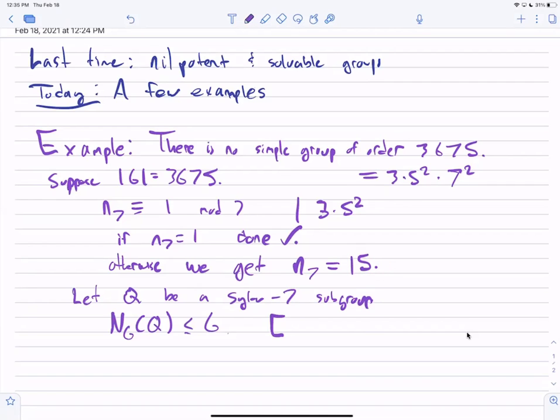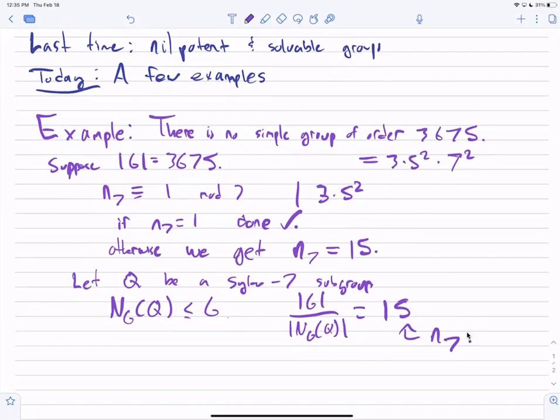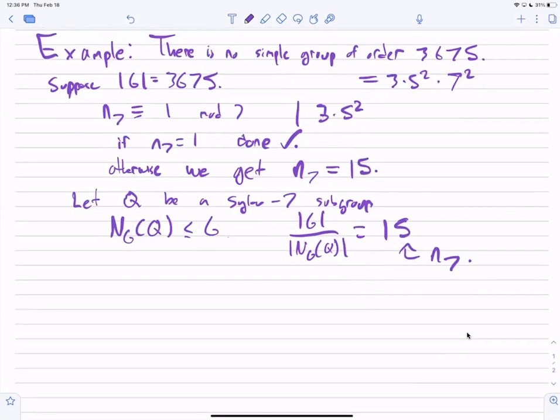So we have the size of G divided by the size of the normalizer is equal to 15. So this is n_7. So this is just like the orbit-stabilizer theorem. Okay, and so good.